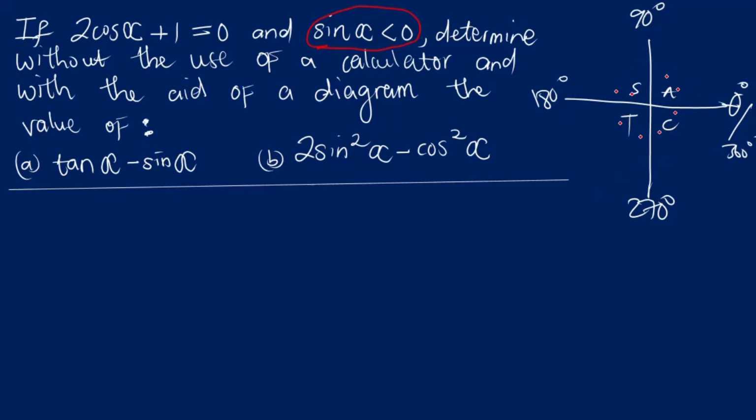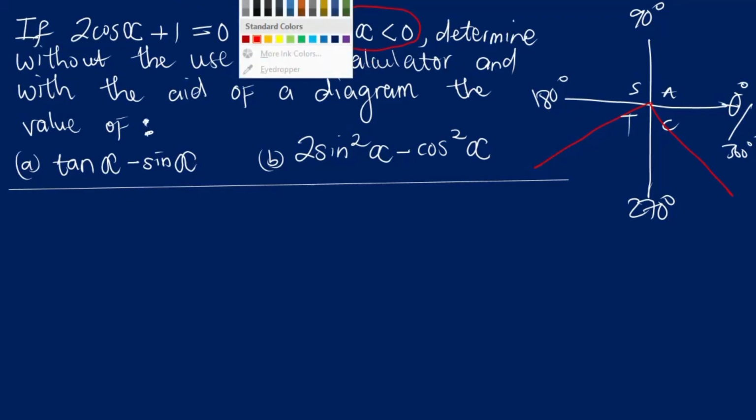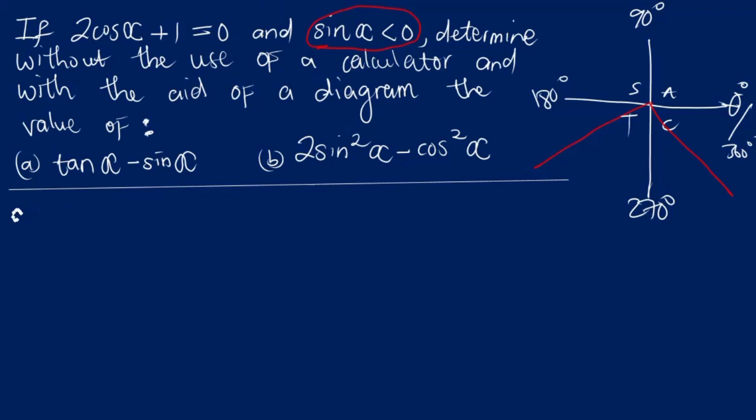So on the Cartesian plane, where is the sine negative? The sine is negative in this quadrant, and the sine is negative in this quadrant. So one of these terminals is true, and our role now is to find out which terminal is true, either this one or this one, because that's the only place where sine is negative.